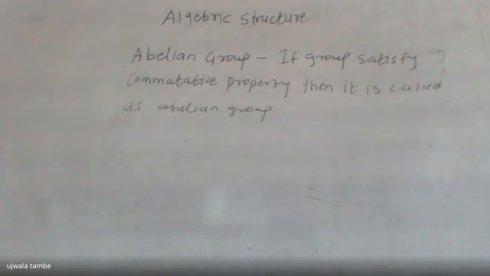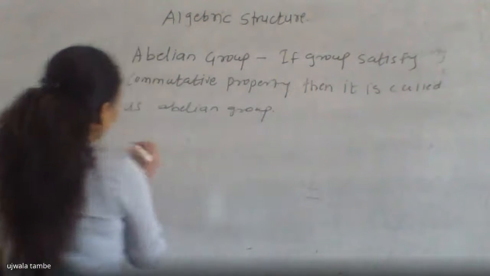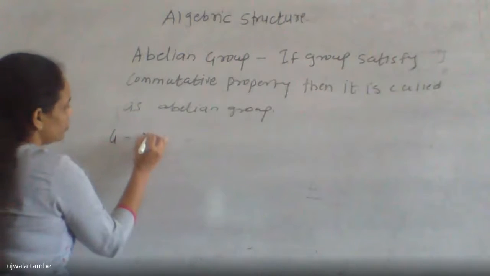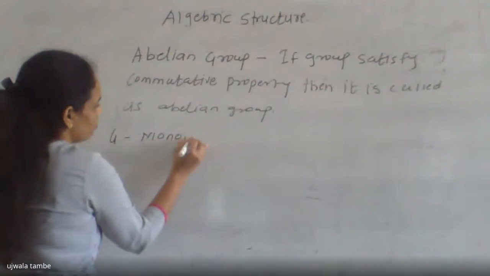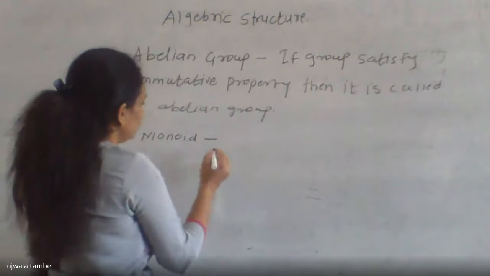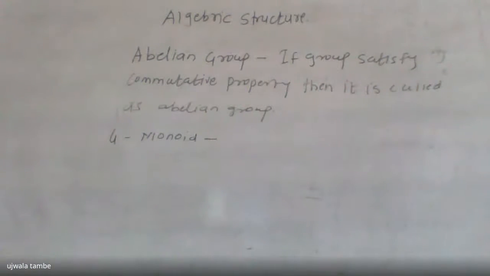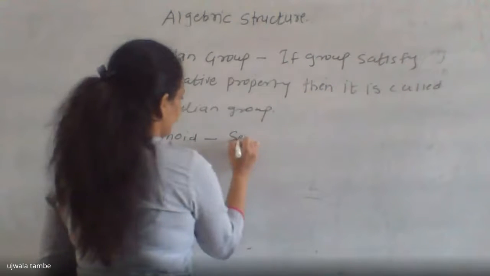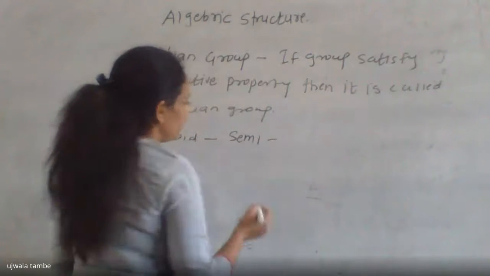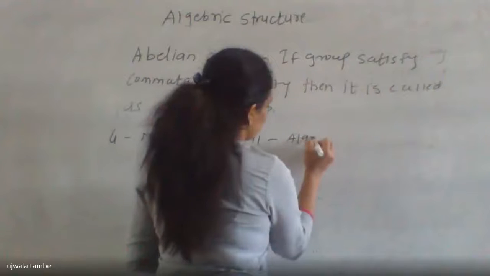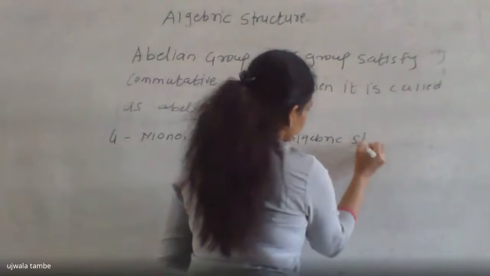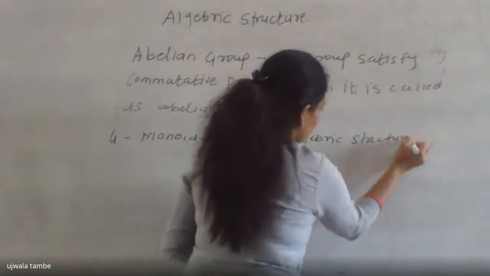Okay. So again, for the abelian group, we have to check all the properties, right? Because for the group, it should be a monoid. For monoid, it should be what? Semi-group. And for semi-group, it should be an algebraic structure. Okay.